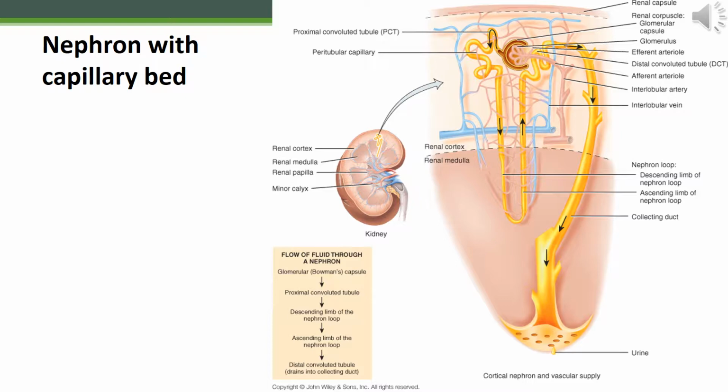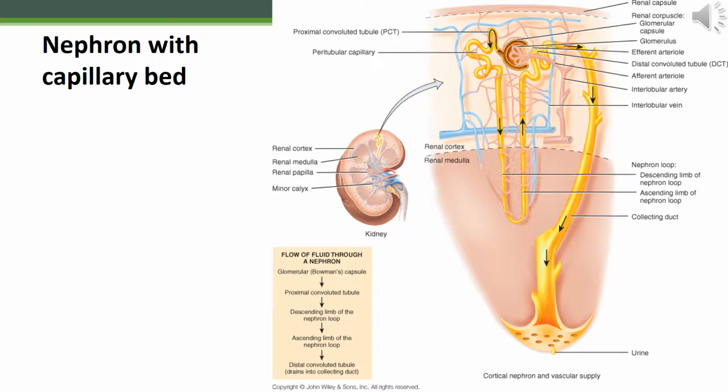So the proximal convoluted tubule is that yellow tube leading down, and the descending, or the distal convoluted tubule is that tube leading up, and then the nephron loop is the actual loop there.